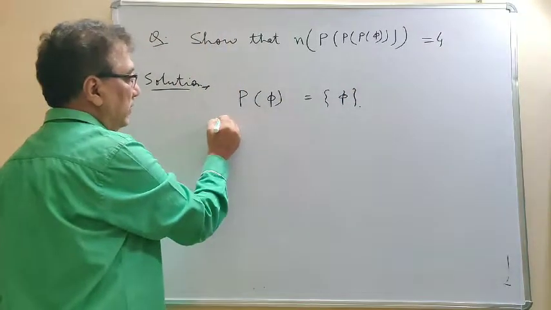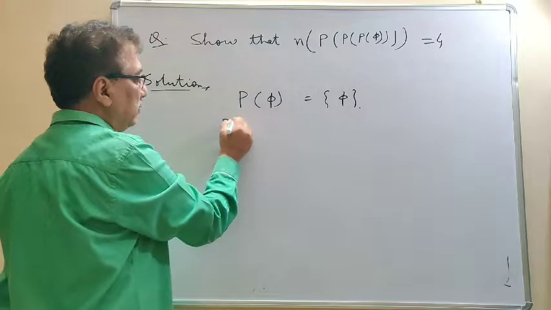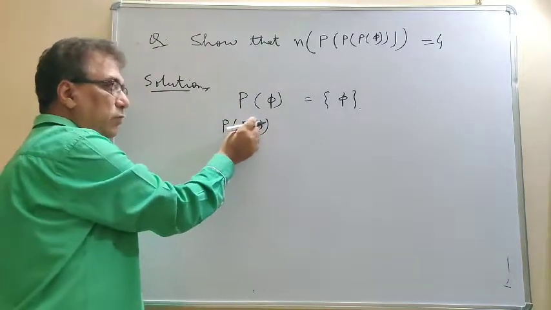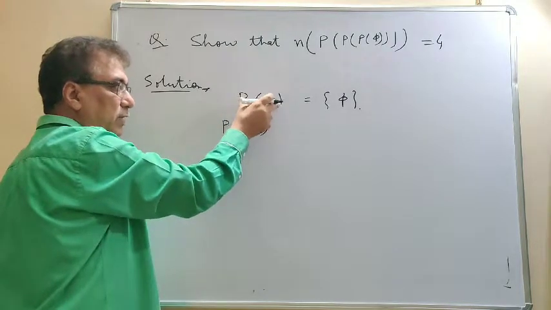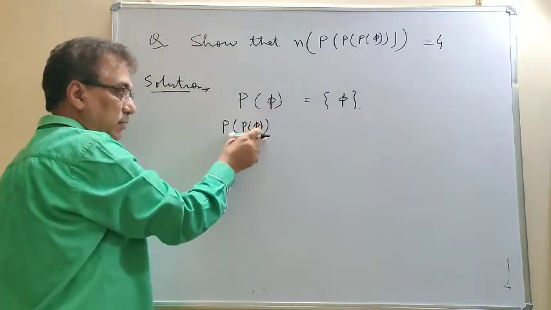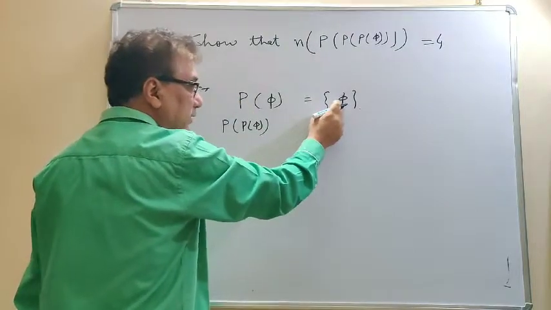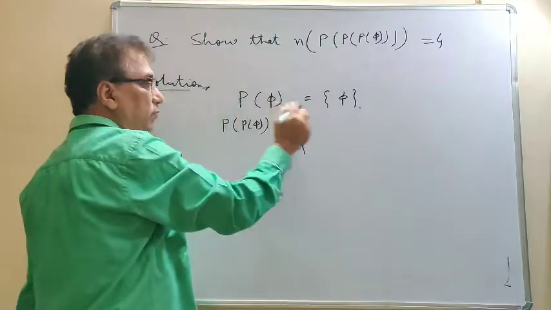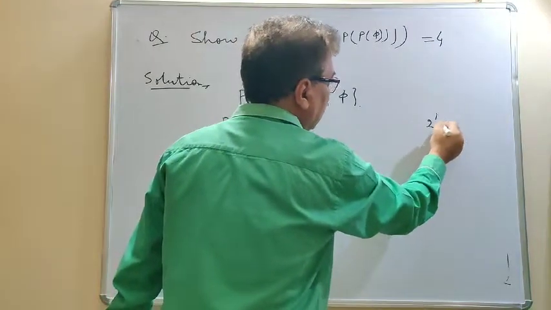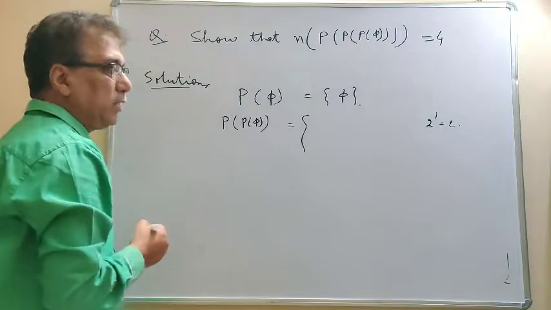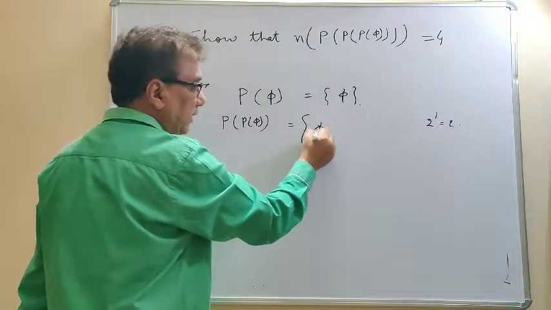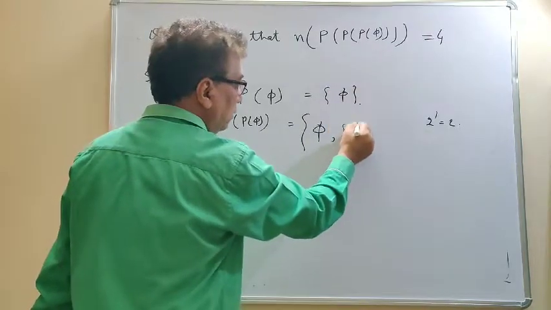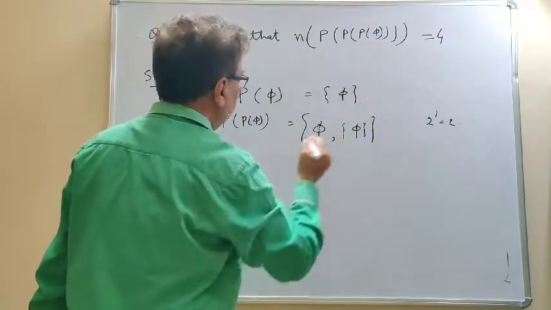Then if I take power set of this, this is again a set, so I want to calculate the power set of this set. Now this set has one element, so number of members in its power set will be 2 to the power 1, that is 2. So how to write those two elements? First it will be phi, because phi is subset of all sets, and then this set as a whole.